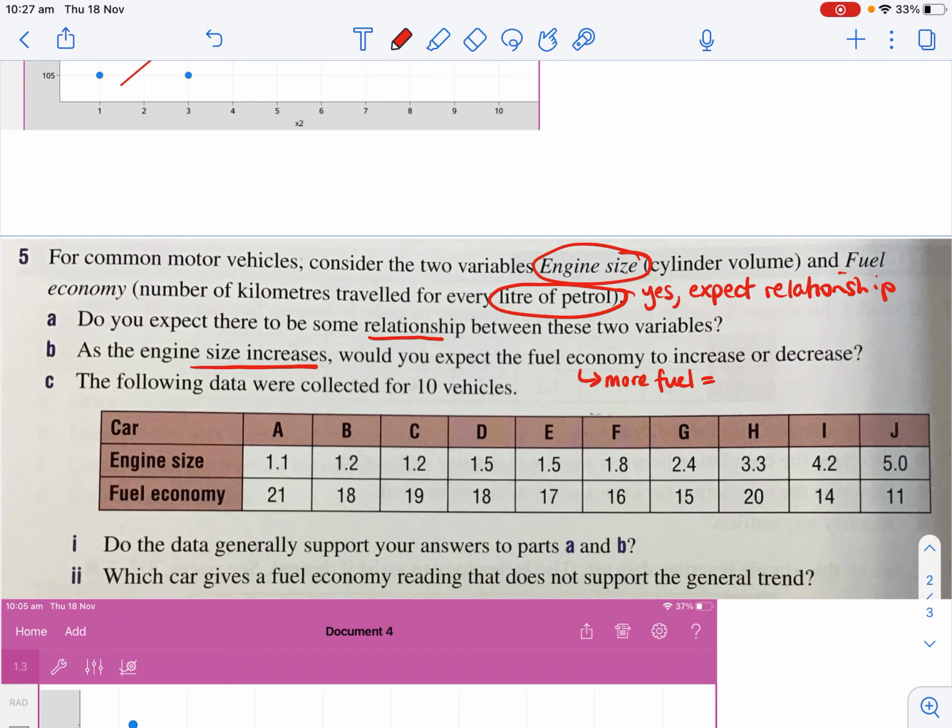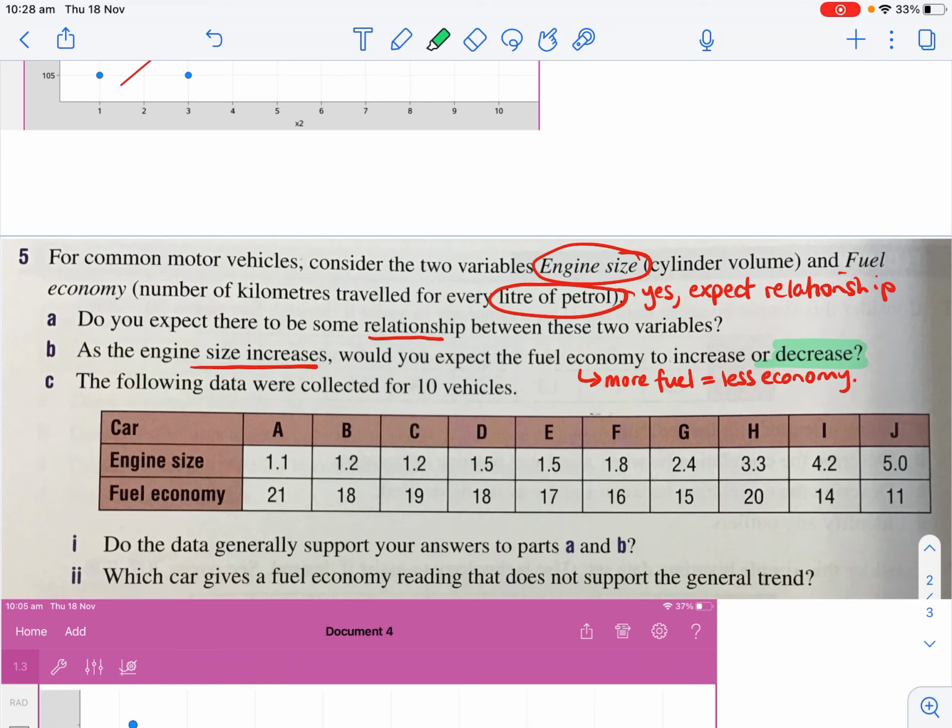More fuel equals less economy. So we've got to use our general knowledge here and link it to what we know about what happens in the real world. So as engine size increases, I expect the fuel economy to decrease. I expect to use more fuel, so it's going to be less economical.